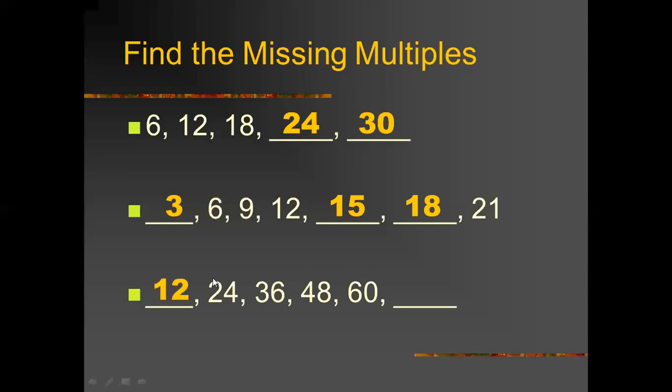This is table 12, and I have to find the last number. So it's 12 times 1, times 2, times 3, times 4, times 5, and finally 12 times 6, which will be 72.